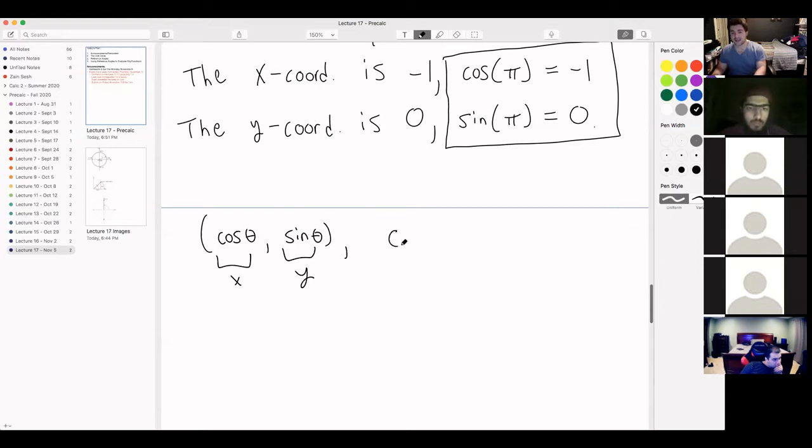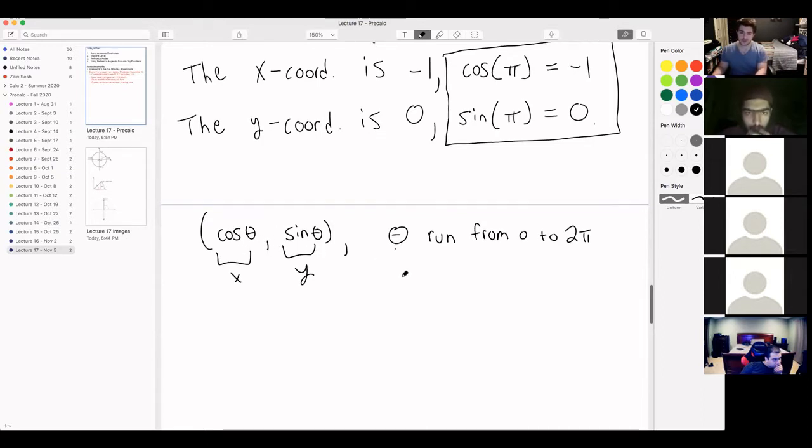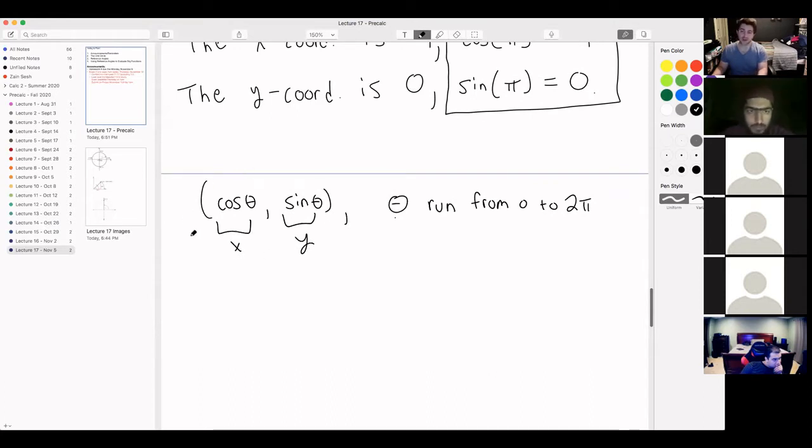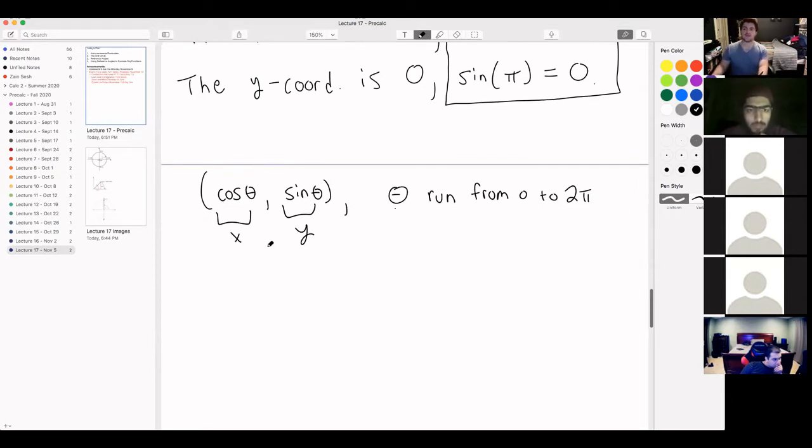If you let theta range from 0 to 2 pi and look at where this coordinate pair moves, it will actually trace out the unit circle. So this is a way to parameterize the unit circle. This is something you look at in Calc 1 or Calc 2, so it's a little past the scope of this class, but essentially cosine theta, sine theta will parameterize the unit circle.